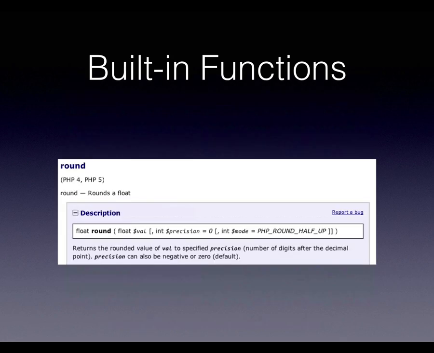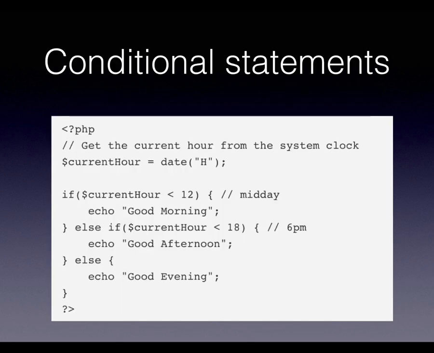And that's a screenshot of what the documentation will look like for a particular function. This, for example, is the round function, which simply takes a number value and will round it to the nearest whole number. A very simple function. It has all these built-in functions, so if you want that common functionality, you don't have to go and create it yourself.